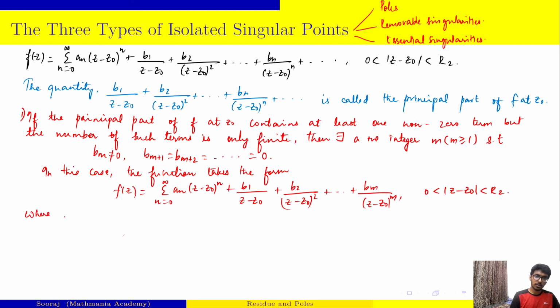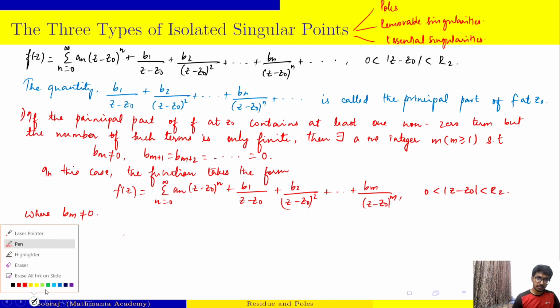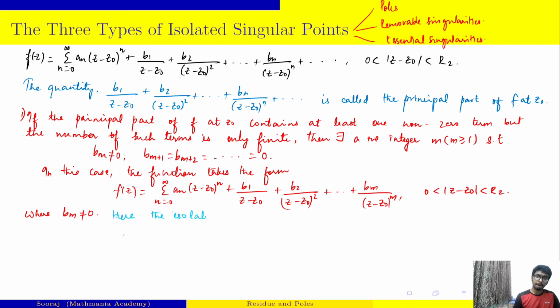Here b_m must not be equal to 0. In this case, the isolated singularity z naught is called a pole of order m.